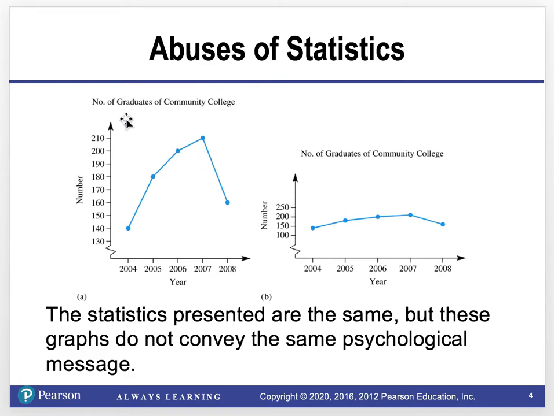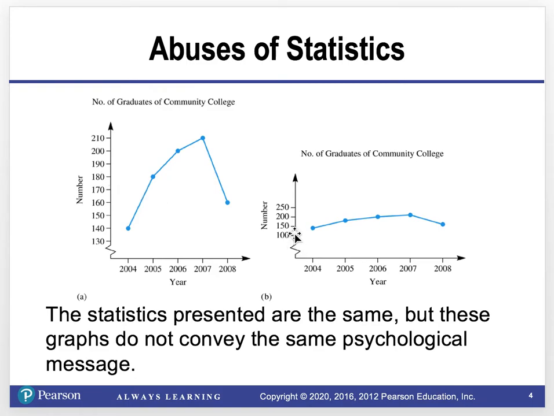So we're talking about the number of graduates of community college. This looks like, oh, the graduates were soaring, and then there was a steep decline. But over here, it looks like there's not much change, and it goes up a little, goes down a little, right? That's because look at this scale. Okay, this scale in between each number represents 10 graduates.